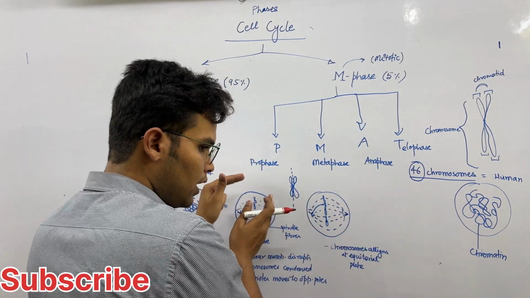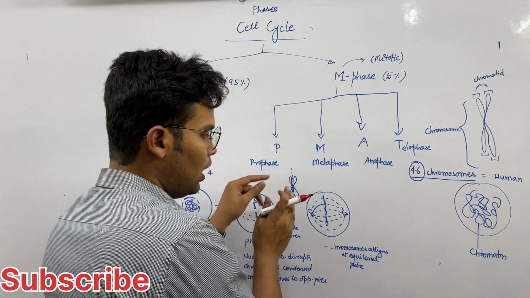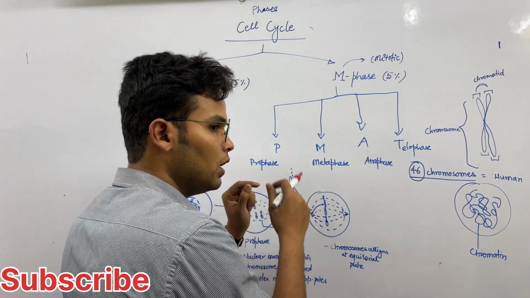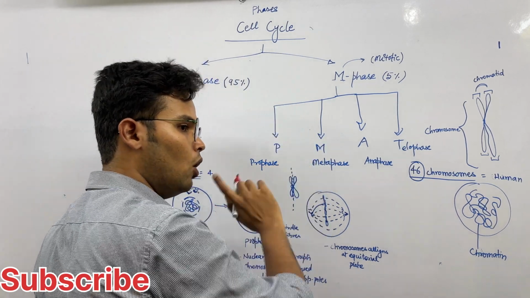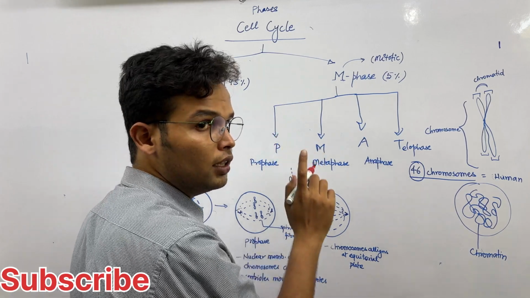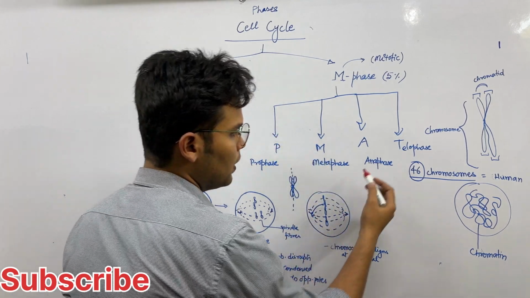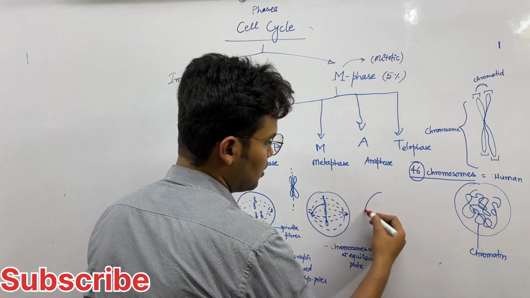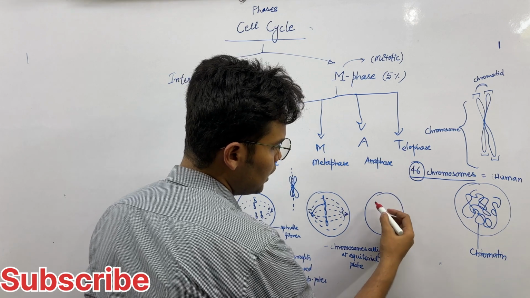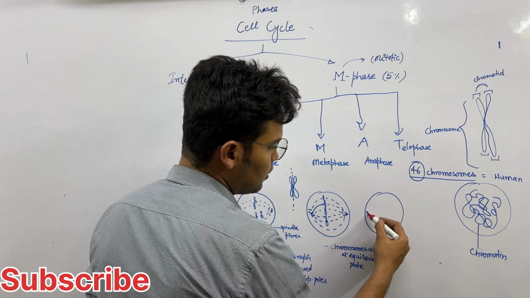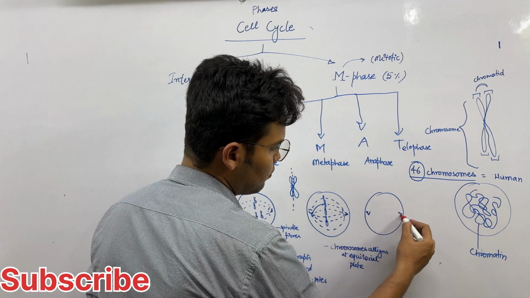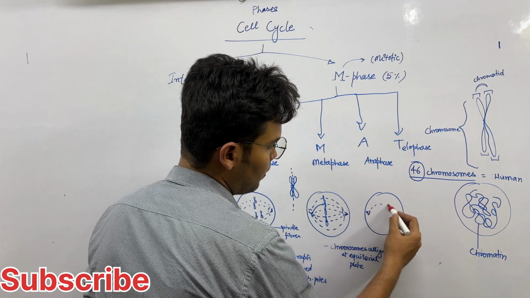The other half is the original part, and this half is the duplicate part, which is formed in the S phase during the replication of DNA. Now in anaphase, the same diagram will occur like this.